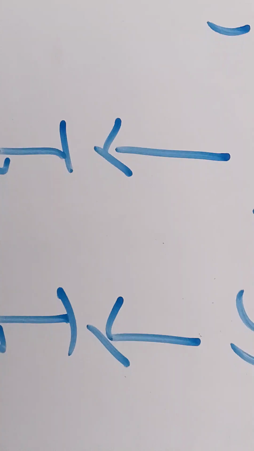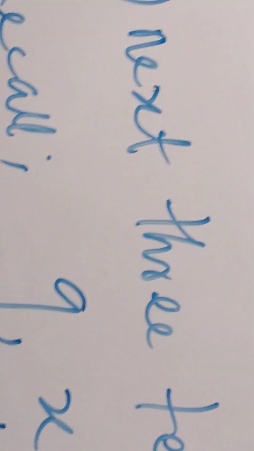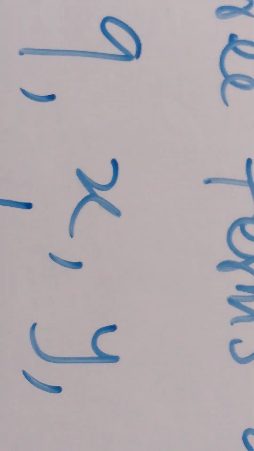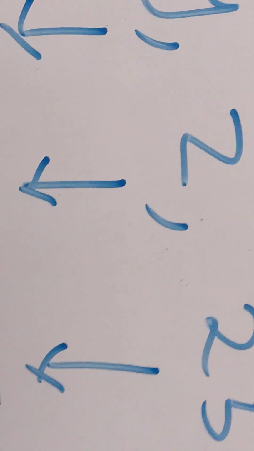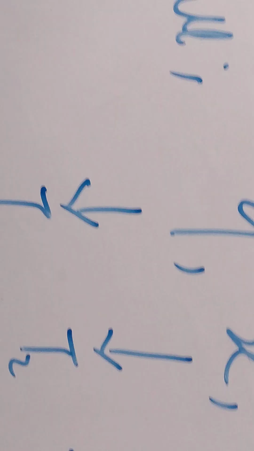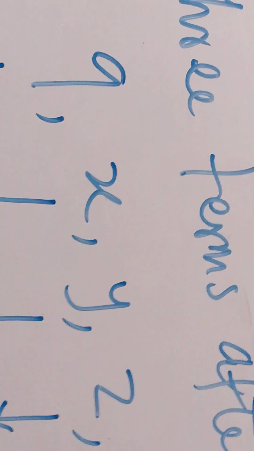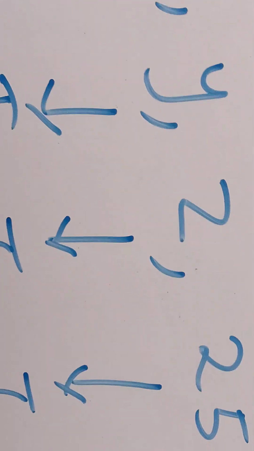Now we're asked to find the next three terms after 25 above. Recall that the linear sequence was 9, x, y, z, 25, and so on. 9 was the first term, x the second term, y the third term, z the fourth term, and 25 the fifth term.